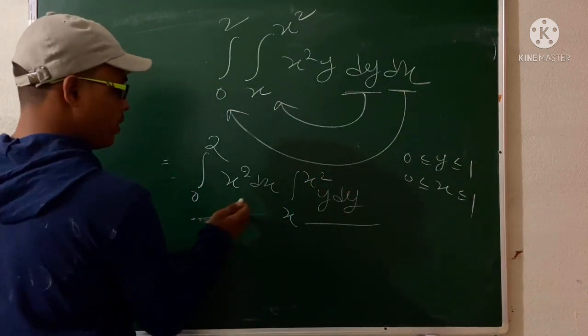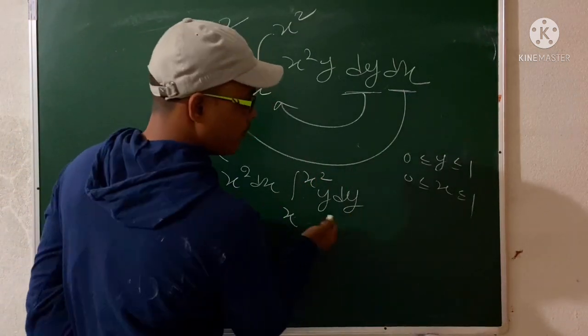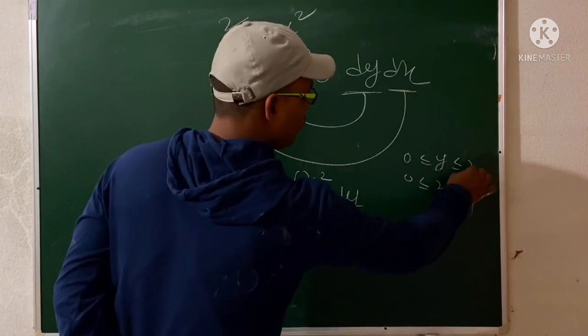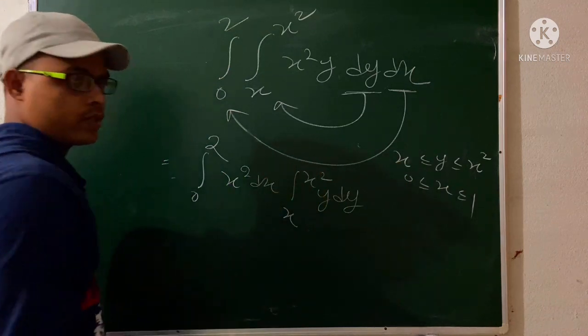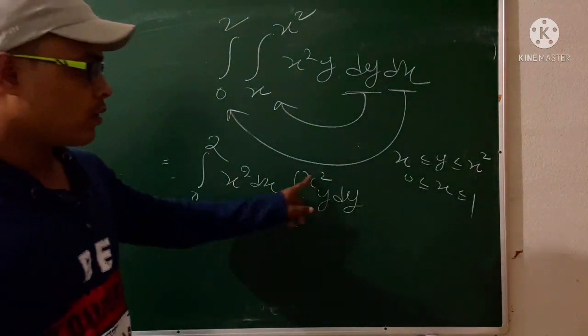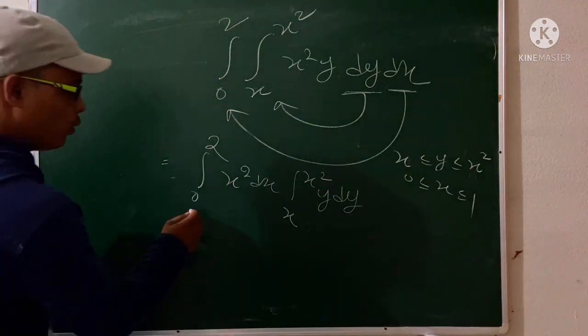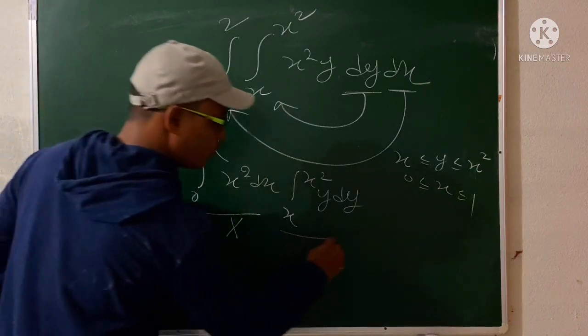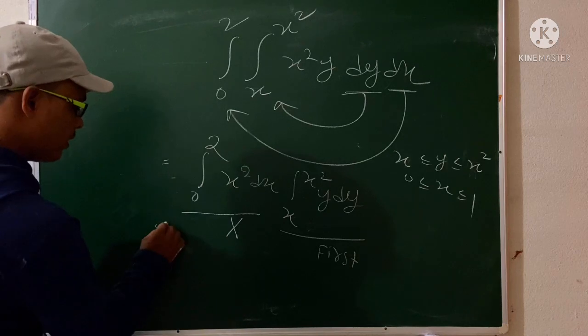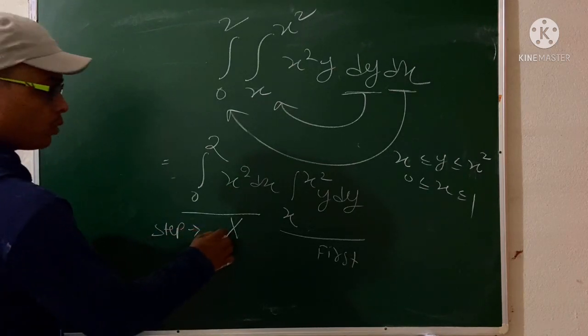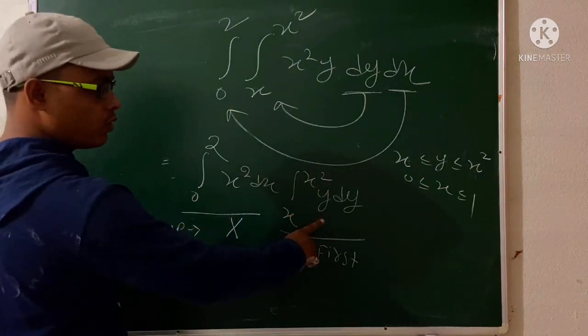But remember the important thing here: I have changed the 0 to 1 into x to x square, and the 0 to x. So the integration is x to x square, y to y. Remember, don't do this one first. Do this one first; in step 1, don't disturb this. First do this one.